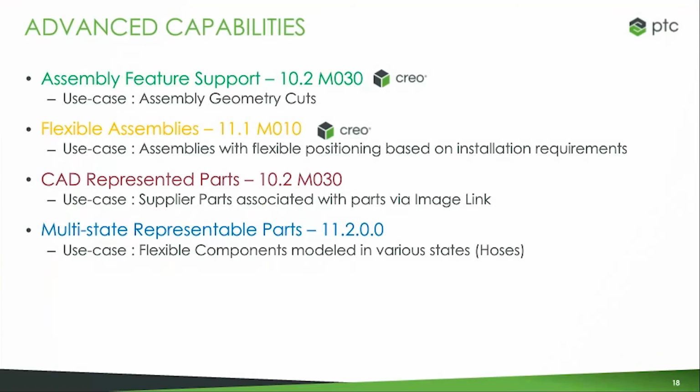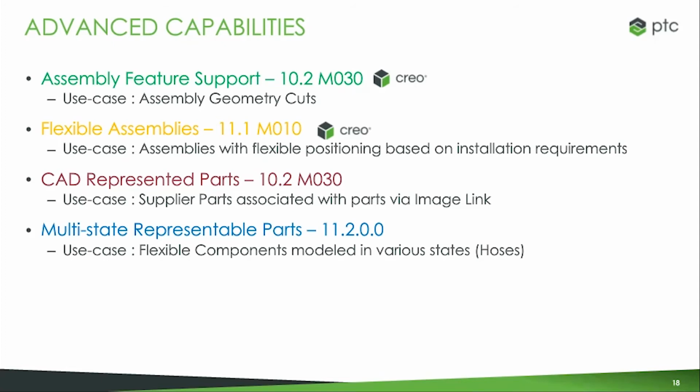So the four features that we're going to be talking about today are assembly features and flexible assemblies. This is a situation where an assembly, due to modeling practices, can change a part's geometry. Maybe it's a deformable part, or maybe it has some machining or holes being cut in it. Or flexible assemblies, where an assembly can change the positioning of children or grandchildren based on the context.